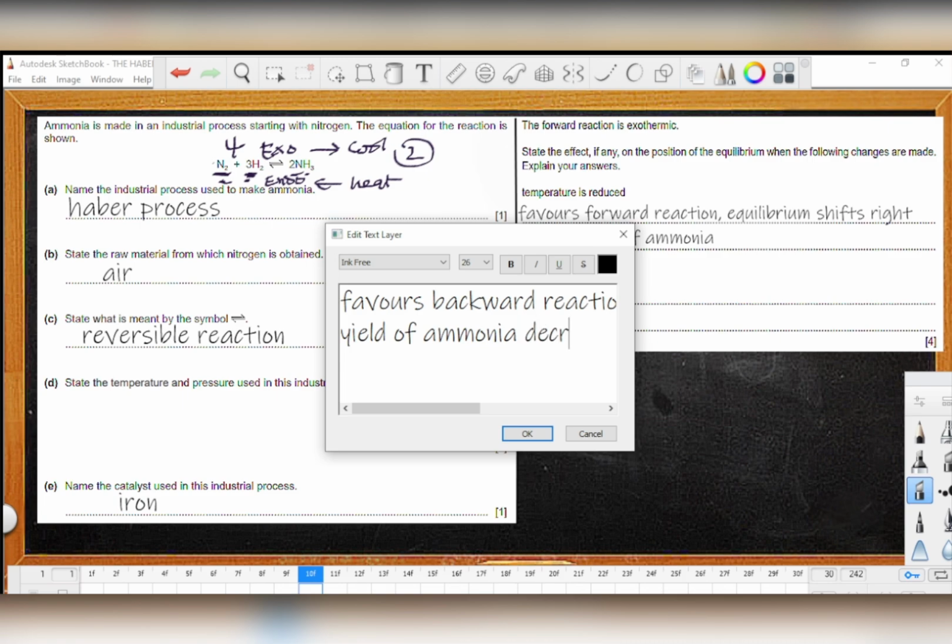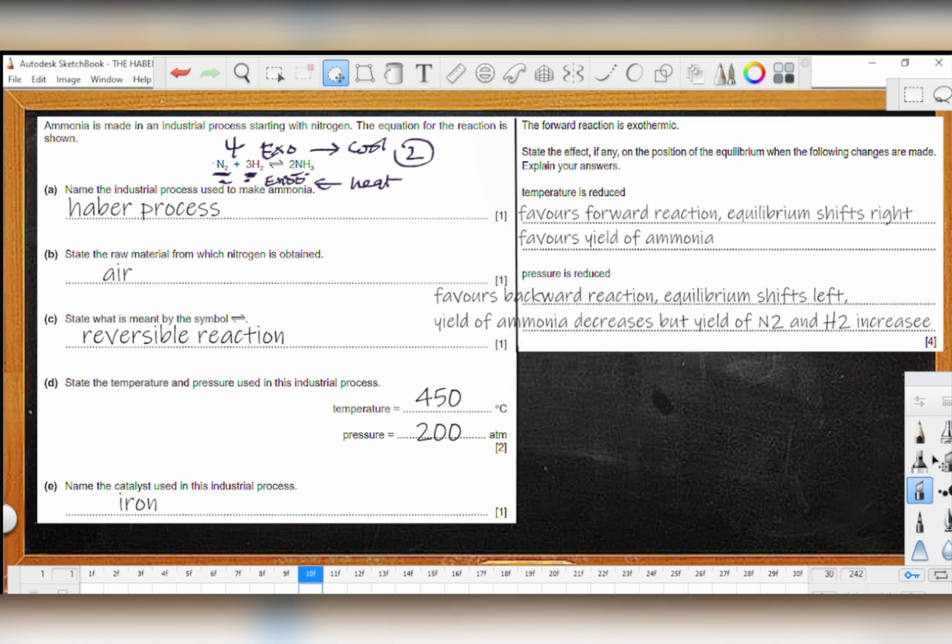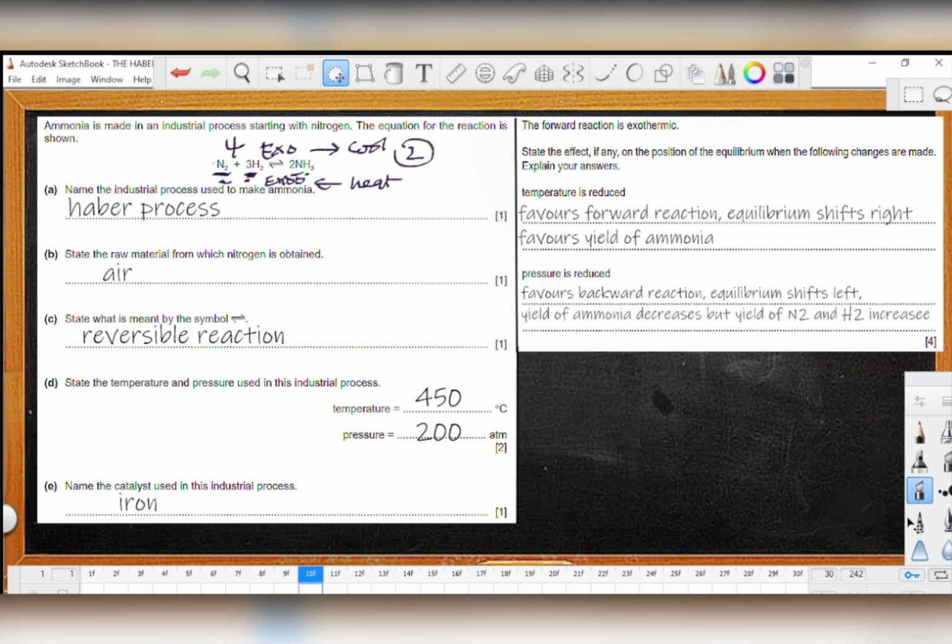It will decrease since it's shifting left, but the yield of nitrogen and hydrogen would increase. So those are the effects of reducing pressure.